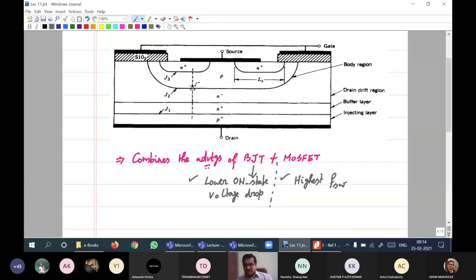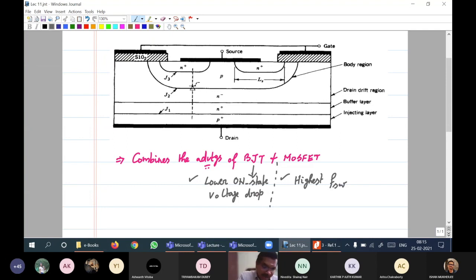That is the main advantage of a power MOSFET. There are drawbacks. BJT has got low switching frequency, whereas MOSFET has got high on-state voltage drop, high on-state resistance, and consequent voltage drop. So the IGBT is going to combine the best of both worlds.